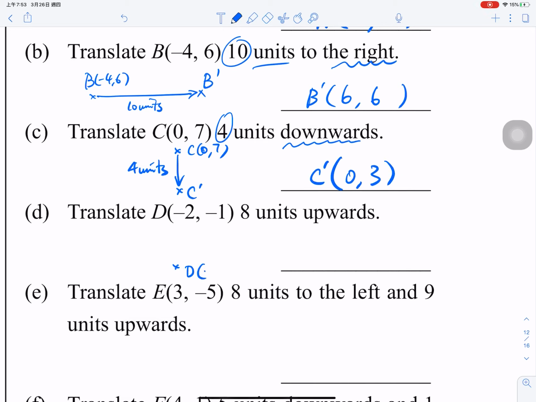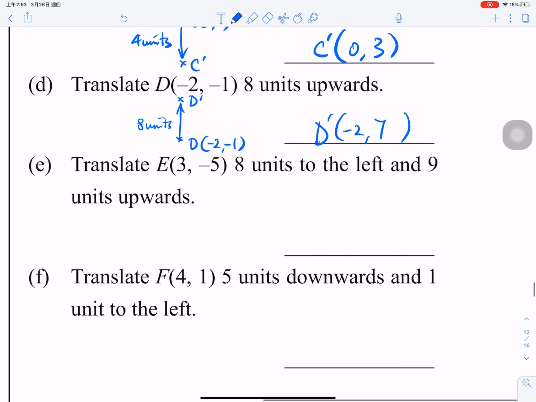Point D (-2, -1), and then 8 units upward. Then what is the image of D? -2, no change. Okay, -1 plus 8 because it's upward. So (-2, 7). Good.